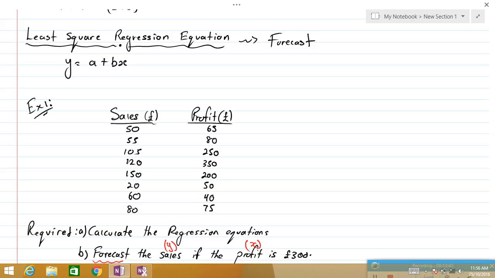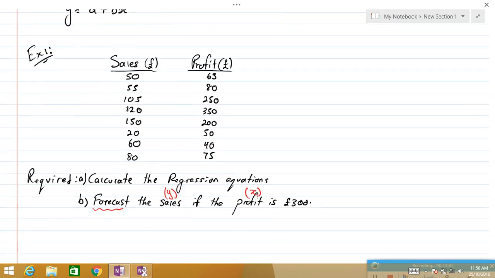Now, what is another word for forecast, guys? I can use any other words. Predict. What else? Estimate some more.